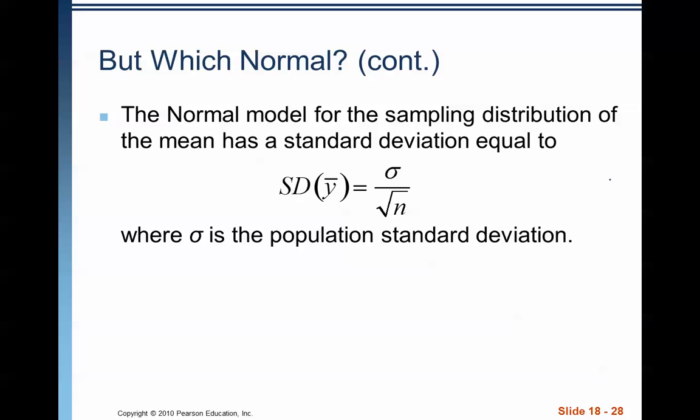So as it turns out, the standard deviation for a sampling distribution for quantitative data is the standard deviation of the population divided by the square root of the sample size. So that simulation that we were doing earlier, you can actually calculate what the standard deviation of that sampling distribution will be by doing this calculation, the standard deviation divided by the square root of the sample size.